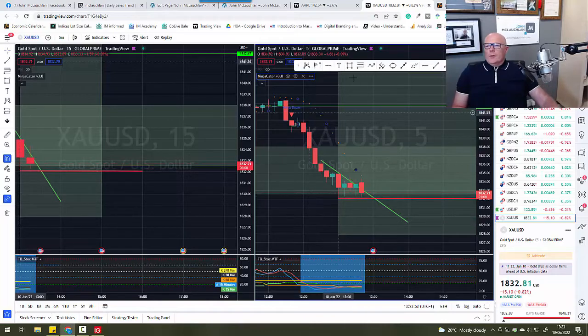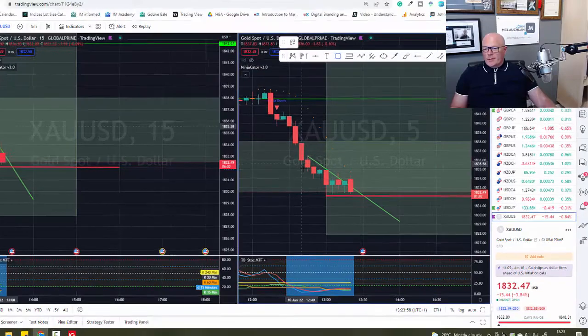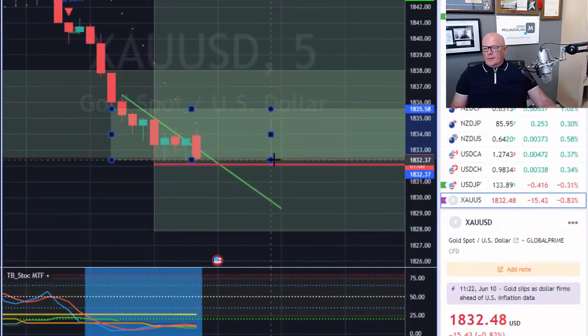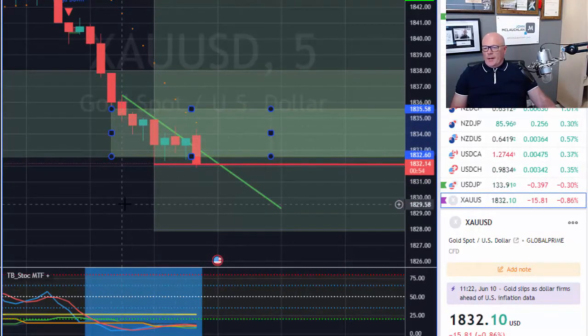So let's just draw a little box around here. I know this isn't going against the strategy, but if we drew a box here, we could call this consolidation by the banks. It's a consolidation period where nothing really happens. It either goes up or down. You can see this candle is starting to go below, which is interesting.